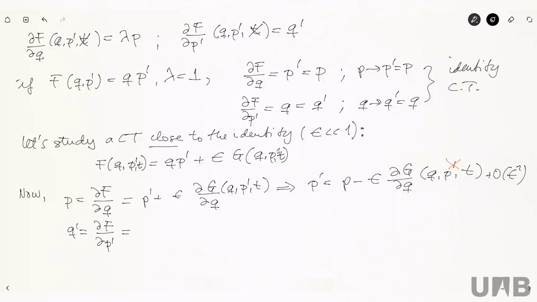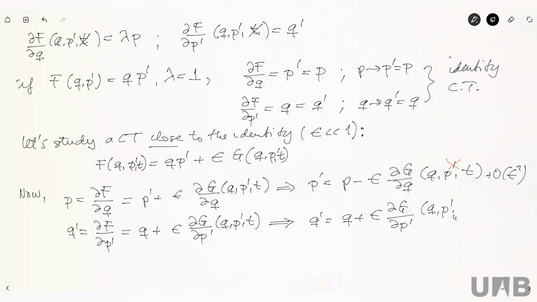And for this function here, if I take the derivative with respect to p prime, this is, of course, q plus epsilon partial of g with respect to p prime, a function of q, p prime, and t. And that means that q prime is q plus epsilon partial of g with respect to p prime, which is a function of q, p prime in principle, and t, right?